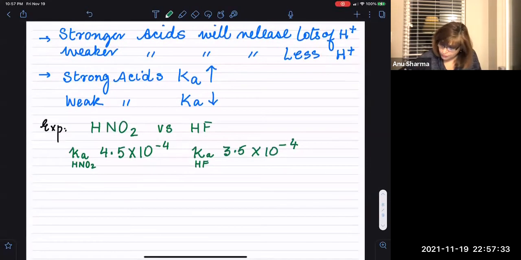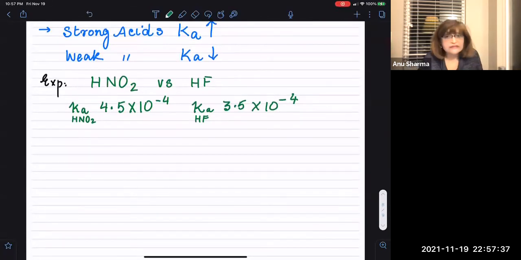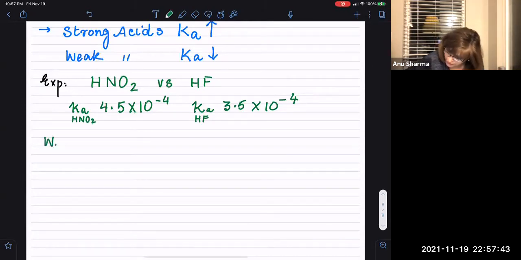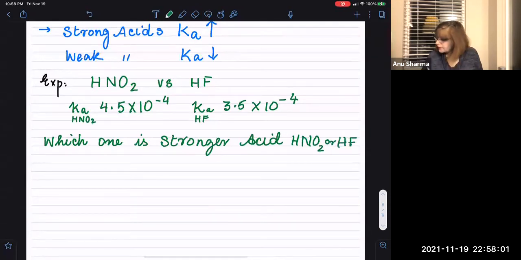Both of them are weak acids, but in comparison, everything is relative in chemistry or science, basically. So which one is the stronger acid, HNO2 or HF? Which one?